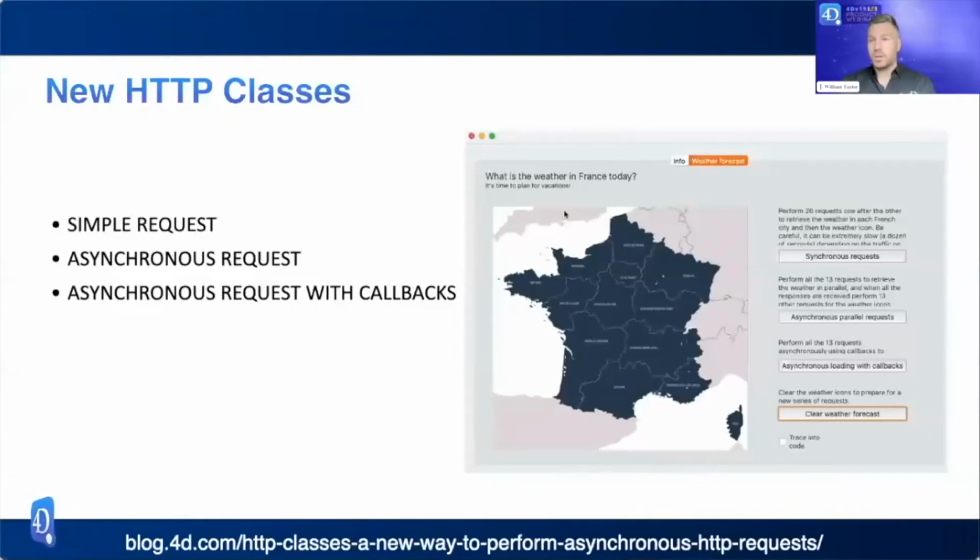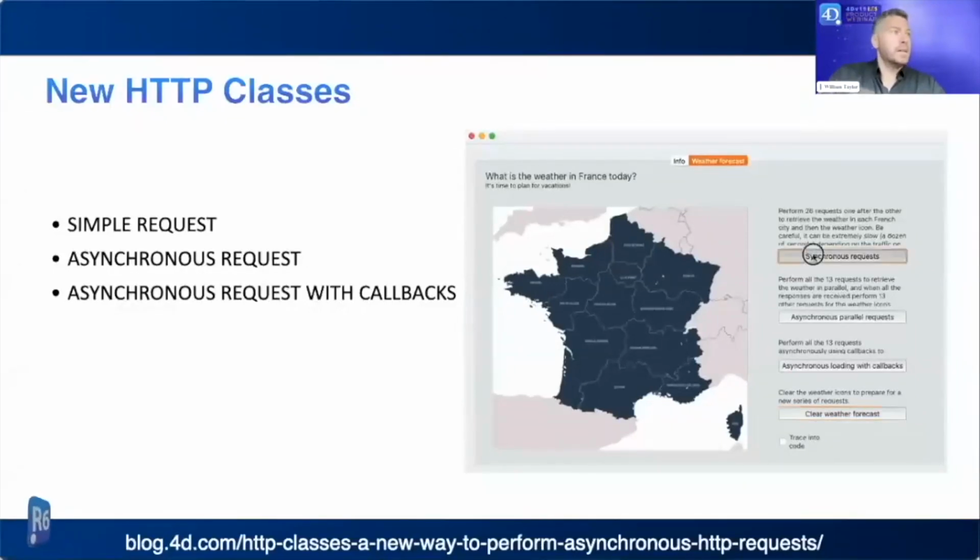Now, this is only a start. More functionalities will be coming with future releases. And here's a really cool demo on how HTTP requests can be done either synchronously, asynchronously in parallel, or asynchronously loading via callbacks.